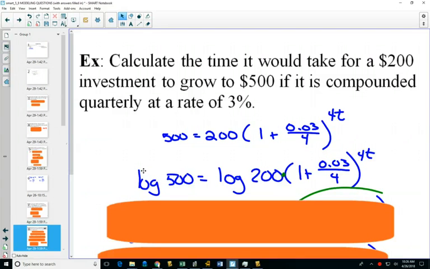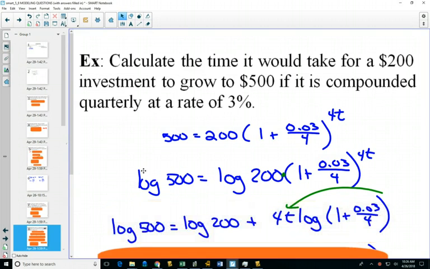So here I didn't simplify. If you simplified, that's even better. So if you divided both sides by 200, you got 2.5 on the other side. But I want to show you that if you didn't simplify, you would have to first subtract here before you can bring that exponent out in front.